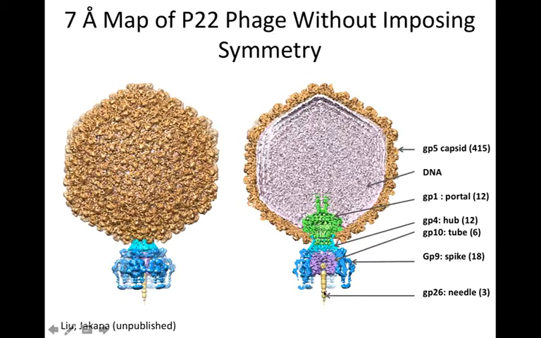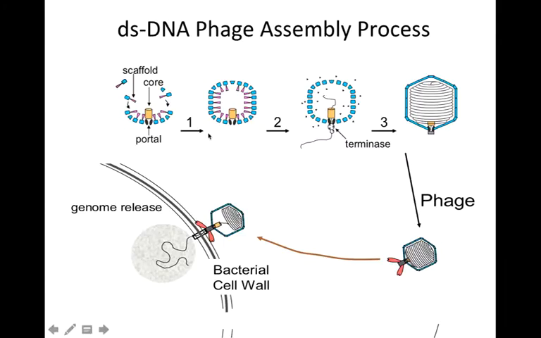This so-called needle is the density involved in the interaction with the cell surface when the phage infects the bacterial host. So now I have gone through the structural determinants of the procapsid and also the mature virion, not only in high-resolution detail of the capsid protein, but also a quick subnanometer-resolution description of this special vertex.